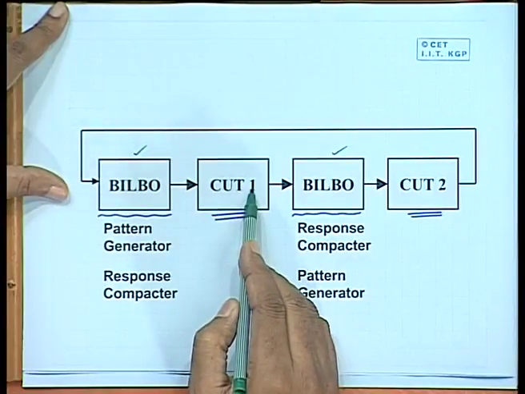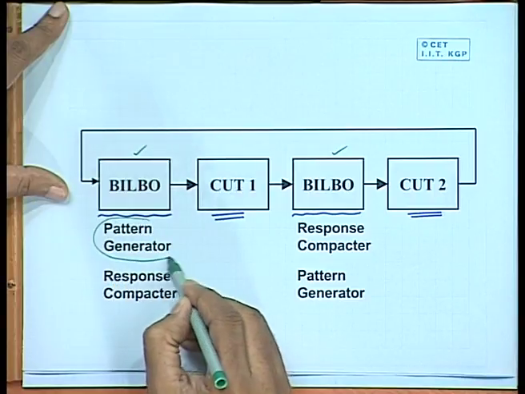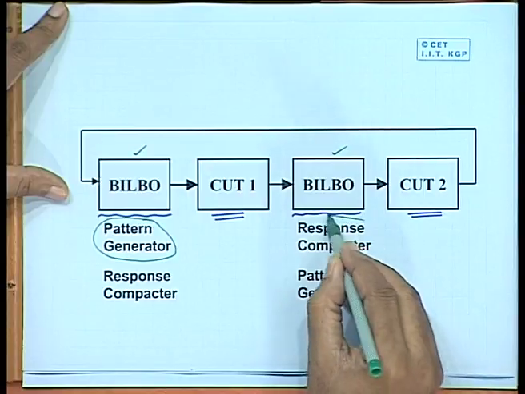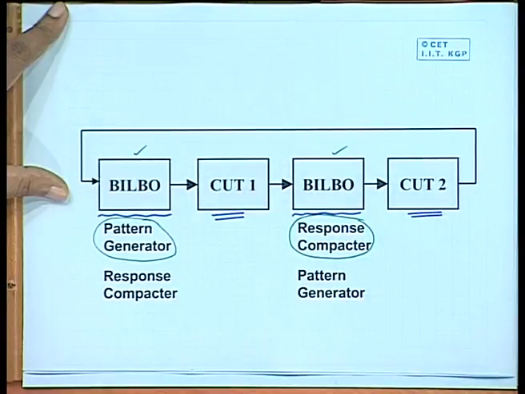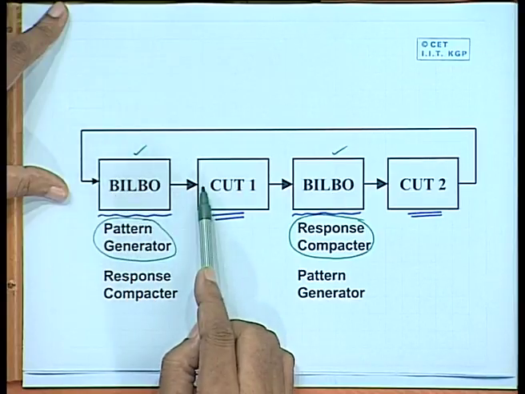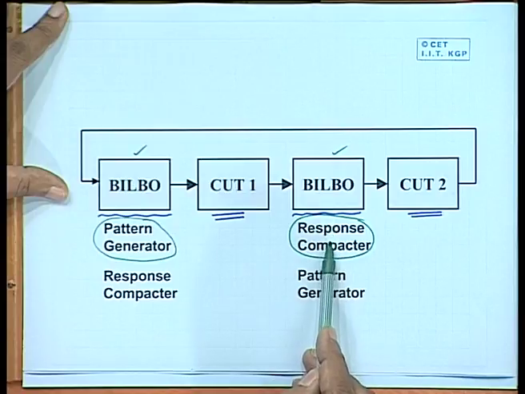So, by that we can test the Bilbo registers. Then for testing cut 1, we can configure Bilbo to act as pattern generator. We can configure this Bilbo to act as response compactor. So, now this one will be generating the patterns and the output will be compacted here.